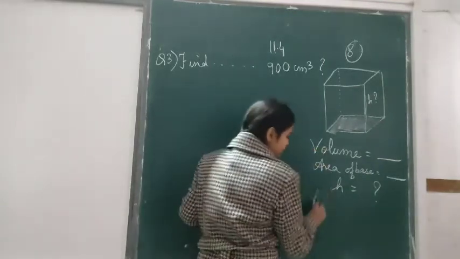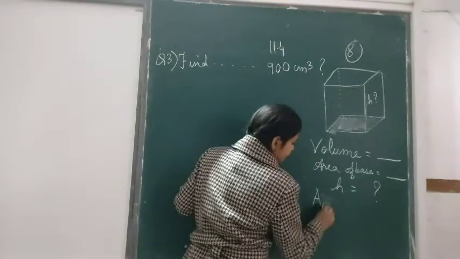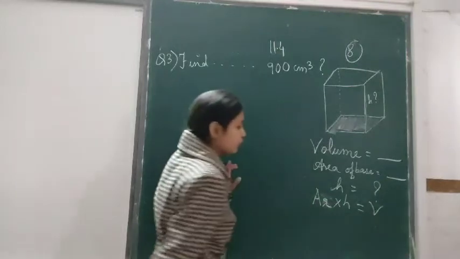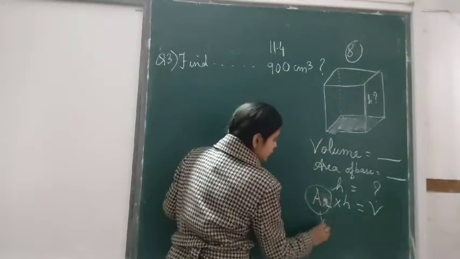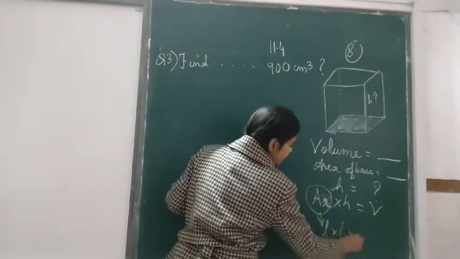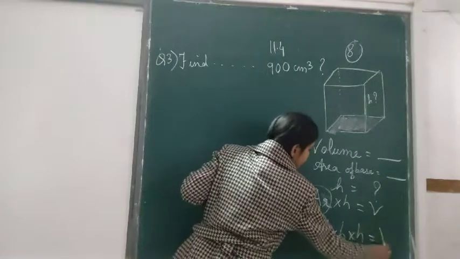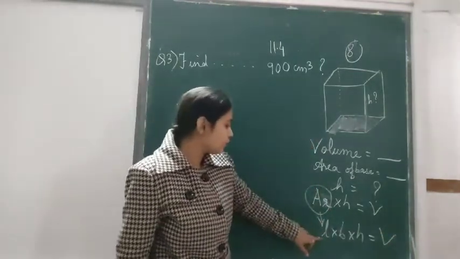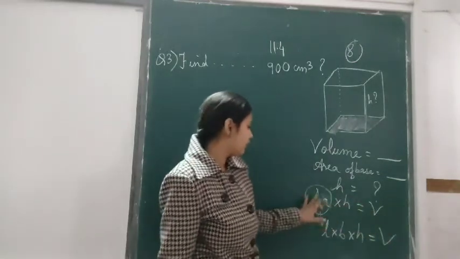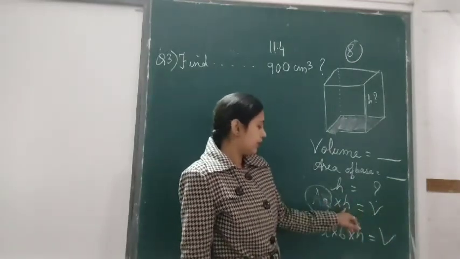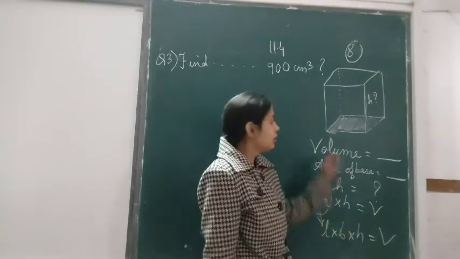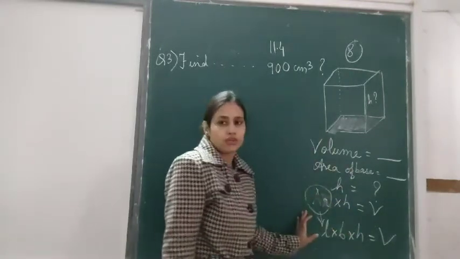That is area into height gives us the volume. That is length into breadth into height gives us the volume. Okay, so if we use this formula, we get the value of height.